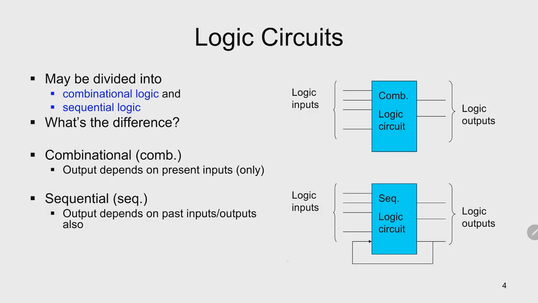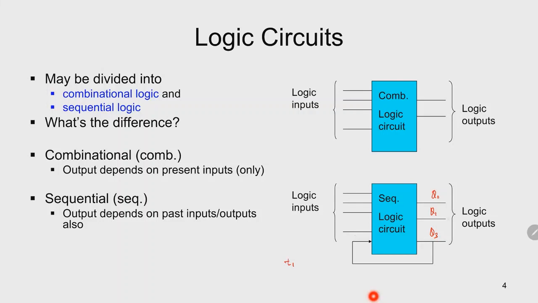So let's say t equals 1, I have this set of outputs. And then at the next time interval, the output depends on Q3. So Q3 becomes the input of the circuit, and that has an influence on the next set of outputs. These are sequential logic. So in a way, the circuit has some form of memory.